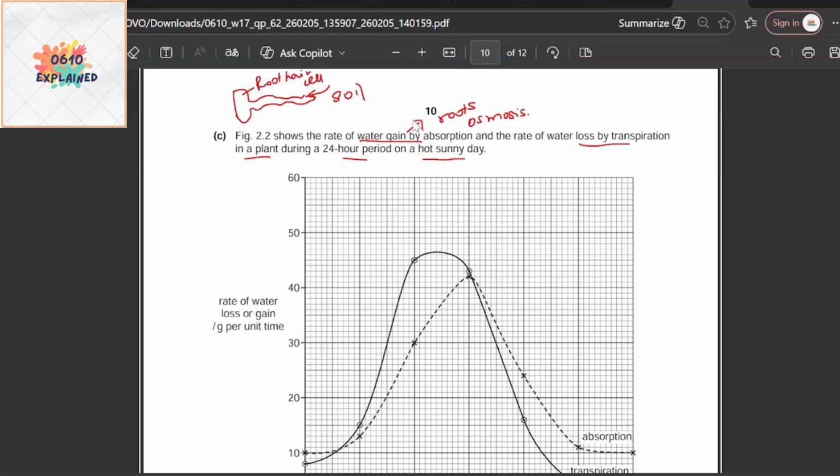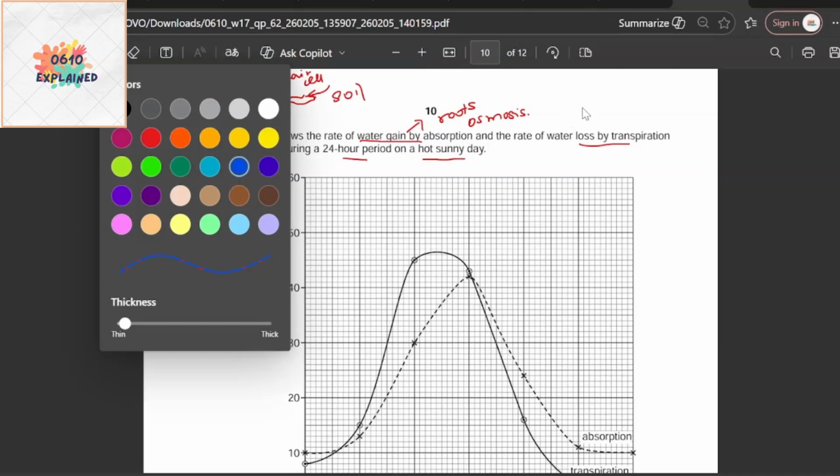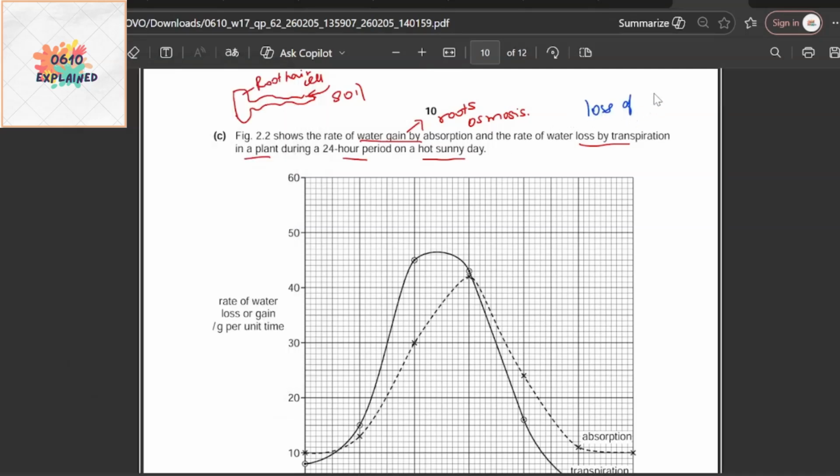Okay, and the loss of water by transpiration. So if we remember, transpiration is the loss of water in the form of water vapor through the stomata. This happens in the daytime when the plant is photosynthesizing, or when the stomata are open during the day. How are the stomata opened?